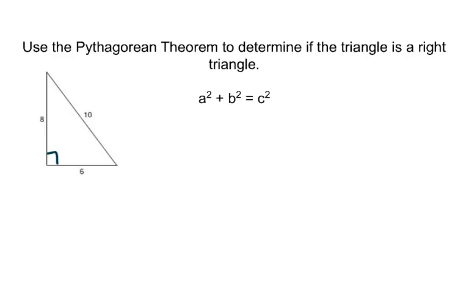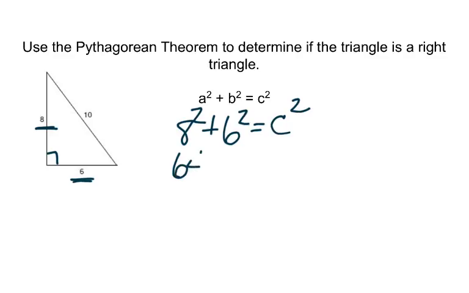All right, let's see how you did. We have a leg and a leg, so we're going to do 8 squared plus 6 squared equals C squared. 8 squared is 64, 6 squared is 36, equals C squared. 64 plus 36 is 100, equals C squared.